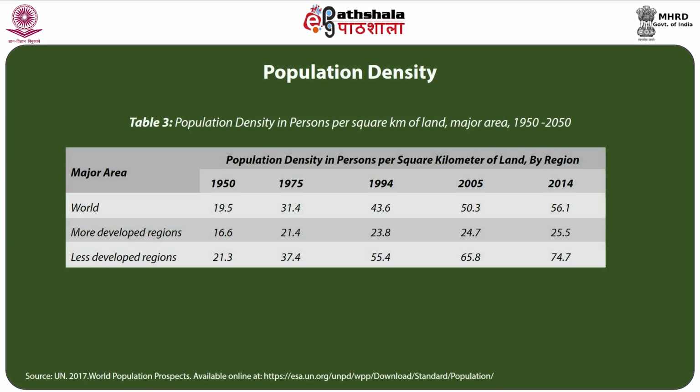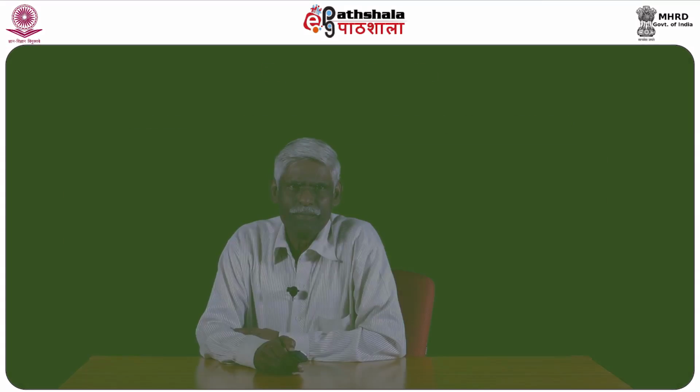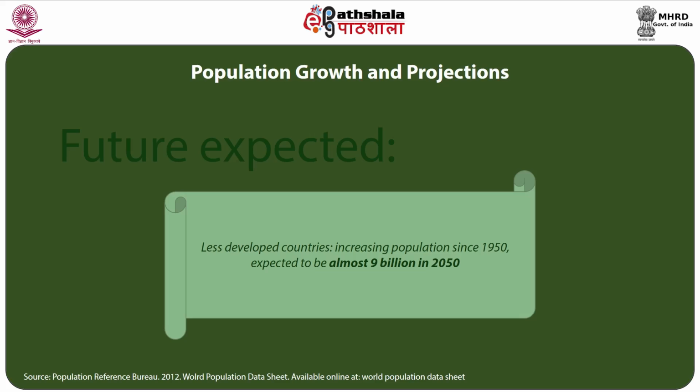Similarly, if we look at the graph of the world, more developed and less developed regions over a period of time, the data on population density shows a clear steady increase, which is attributed to the population size and its growth over time. Looking at the projections, it is clear that less developed countries are going to have a very high population, expected to be almost 9 billion by 2050.